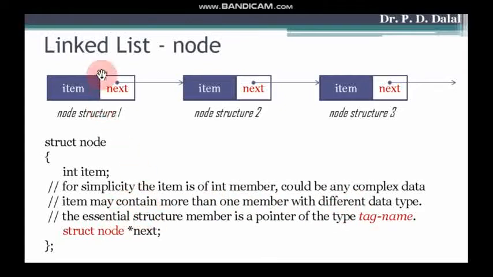The essential part, that is the second part, will be a pointer to the next node. So that will be your struct node pointer because it is pointing to the similar kind of structure. The name of the variable is next. And here is the end of structure.